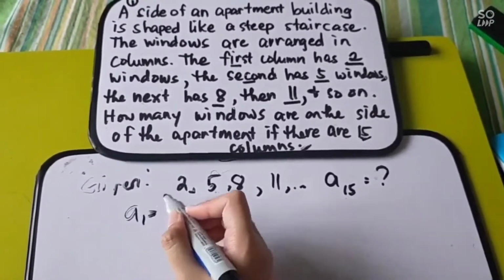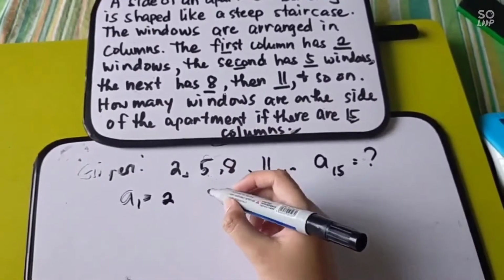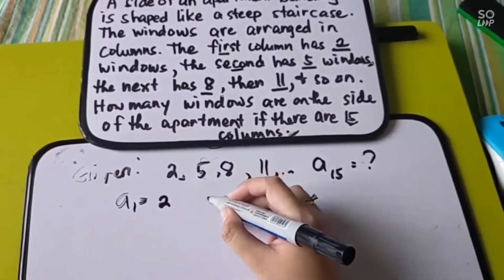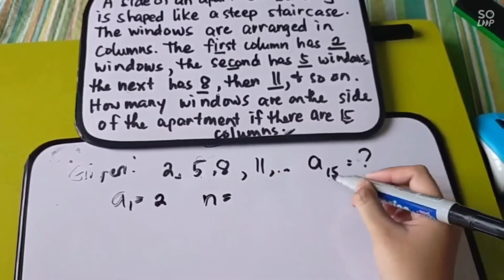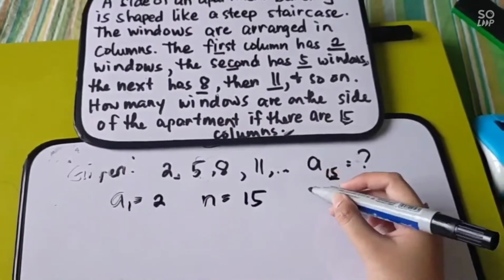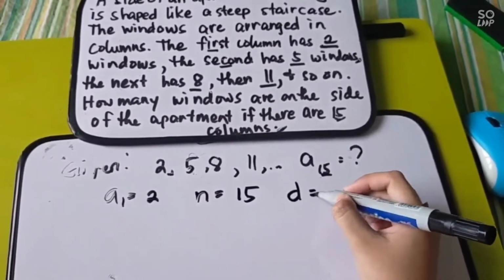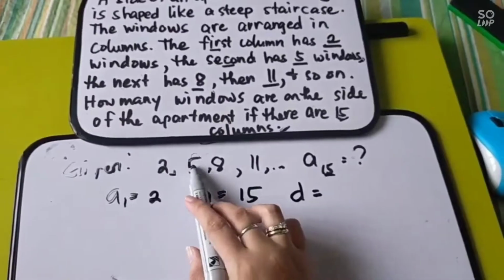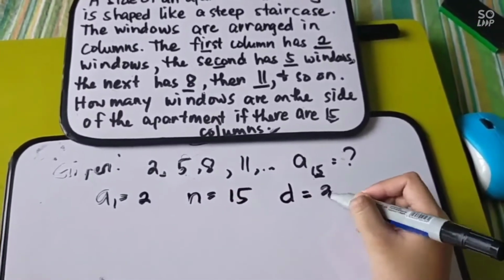So, our first term, we have here 2. Our number of terms, we have 15. So, that is 15 columns. And then, our D is the common difference. Ilan lang ba yung ina-add mo dyan? So, we have plus 3.